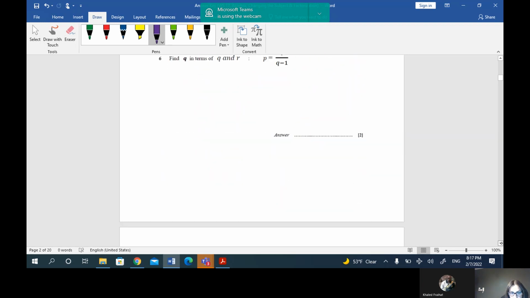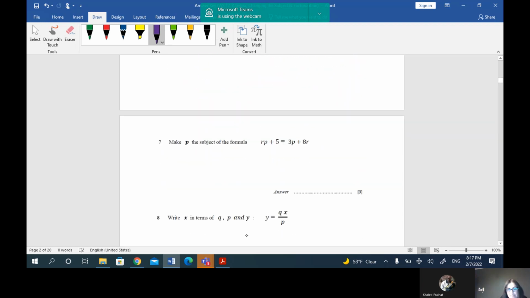Let's move to 7. Make P the subject. As you can see, P is on both sides of the equation, so we need to bring them to one side. So we're going to send this here, and we're going to take this over there. So rP is originally there, so we will write rP, and we're moving 3P to the other side of the equation, so the sign will change.